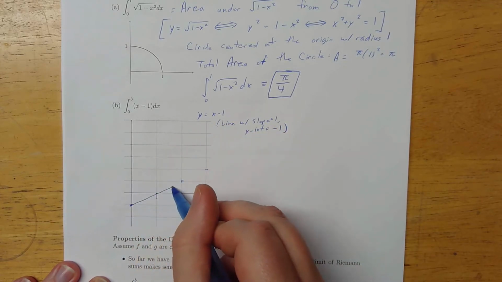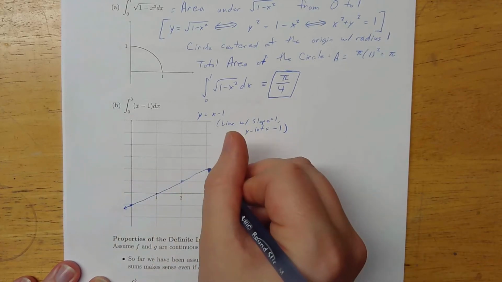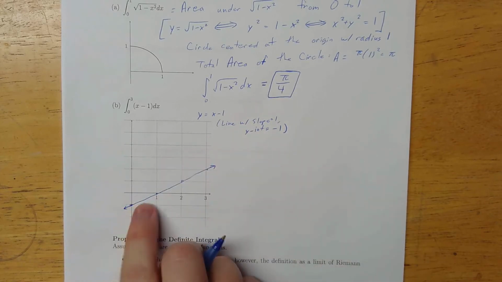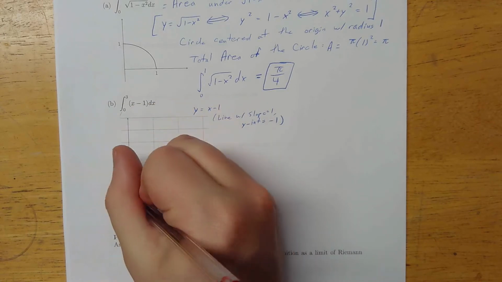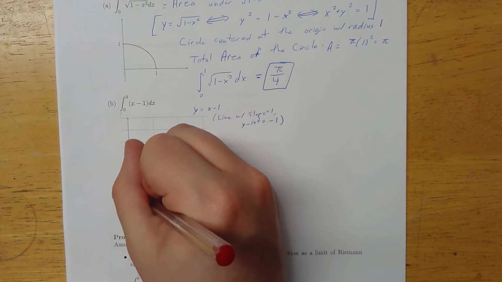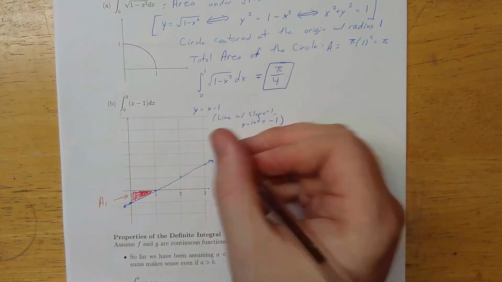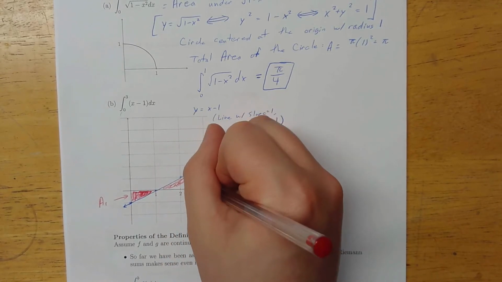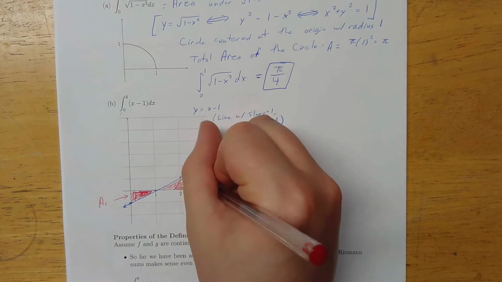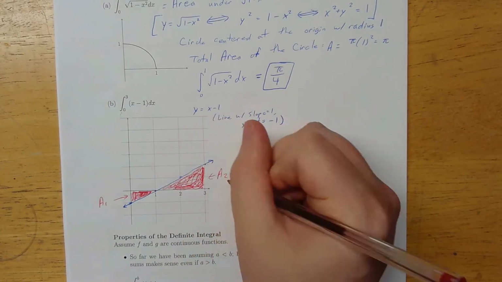Play a little bit of connect the dots to get our line. But we're really just interested in 0 to 3. So we'd be looking at some sort of area under the curve here. And this would be a negative area, right? It's below the x-axis, so this is a1. And then we'd also be looking at some area under the curve above the x-axis. And so this would be our a2.